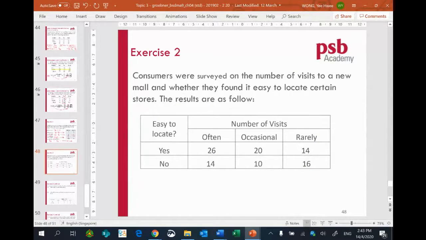Consumers were surveyed on the number of visits to a new mall and whether they find it easy to locate certain stores. Okay, number of visits here and whether easy to locate certain stores. So for example, you have not been to Marina Square, then they ask you the first time you go, are you able to find the Marks and Spencer?